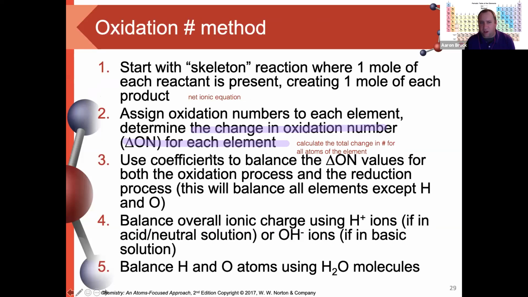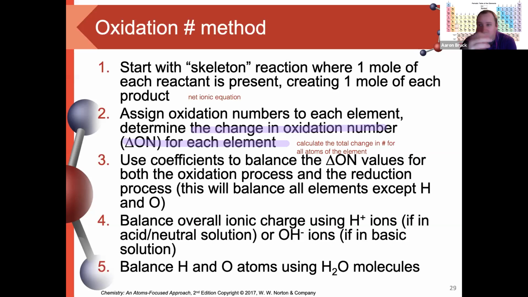So we'll hit that spot here, because the next step is, once we've figured out the total change in number, now we're going to use coefficients to balance out that change, because the most important thing in a redox reaction is that we have to have a balance of charge. And that means that every single electron that is lost by the thing that is oxidized needs to be absorbed by the thing that is reduced.